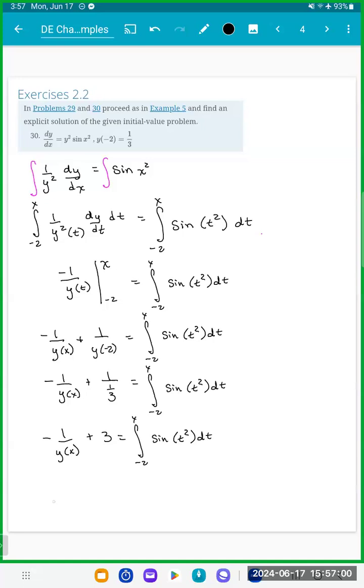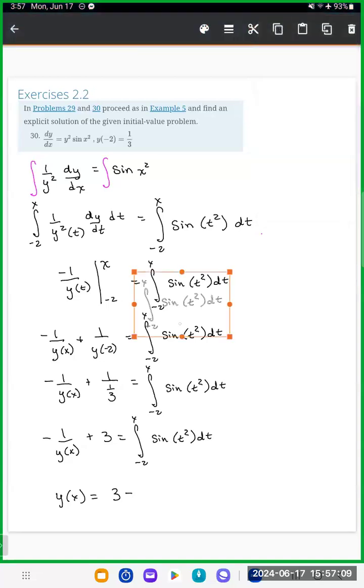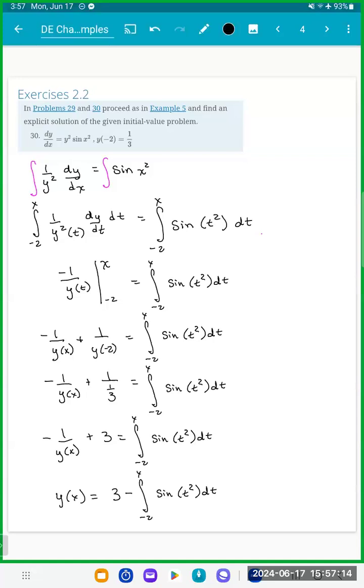So if we multiply that, we end up getting y of x is equal to 3 minus our integral from the right-hand side, sorry. But that's going to then be to the -1, right? Because all of that would have been on the bottom, but we're going to bring it up into the numerator and give it that -1 for the inverse. Okay.